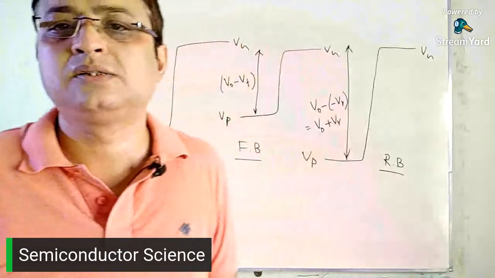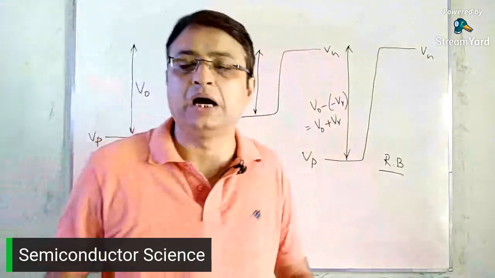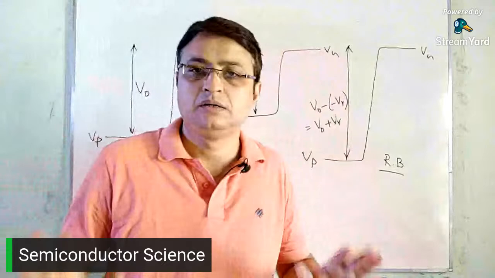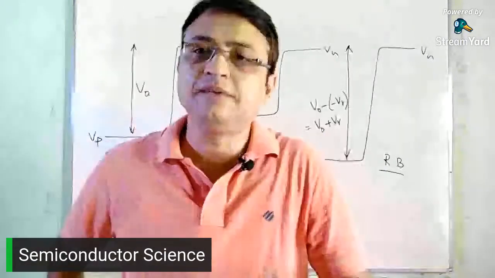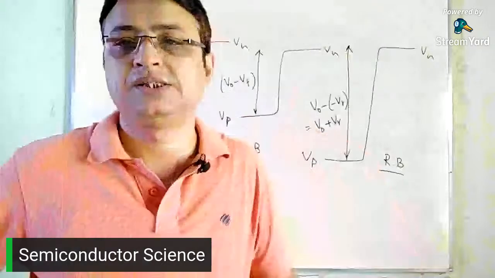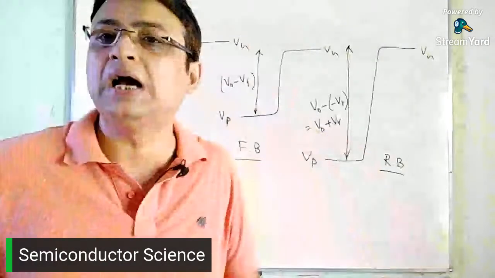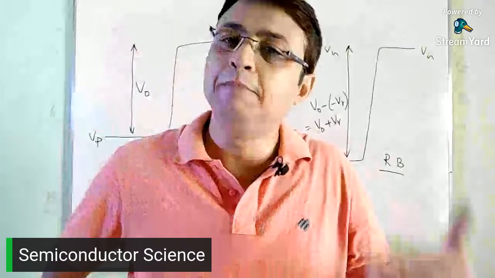Pranav, no, that is not the reason V0 is greater than VR. The contact potential for a PN junction is actually around 0.3 to 0.4, and the value of the applied voltage, either VF or VR, we make go on increasing.